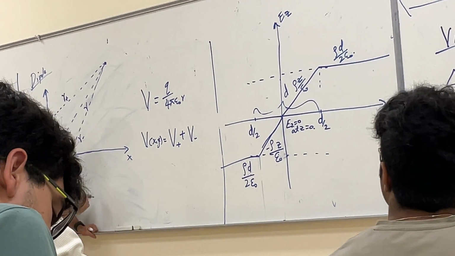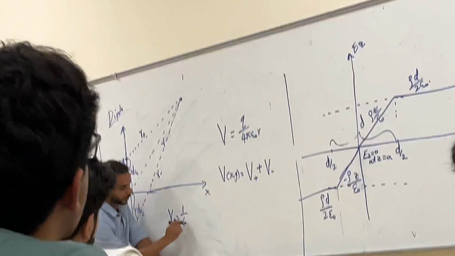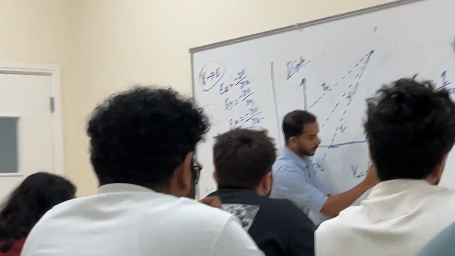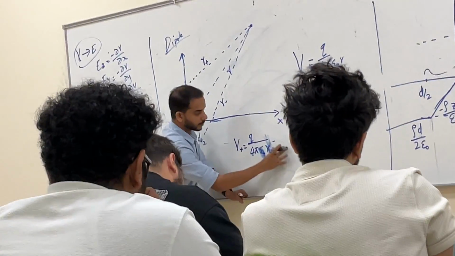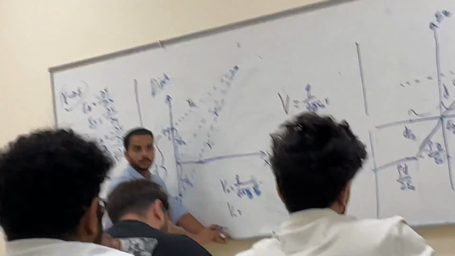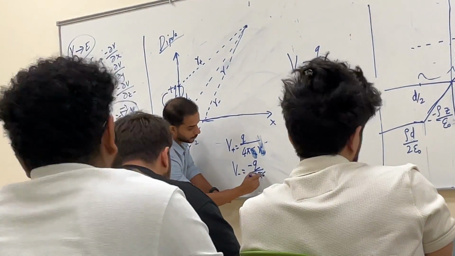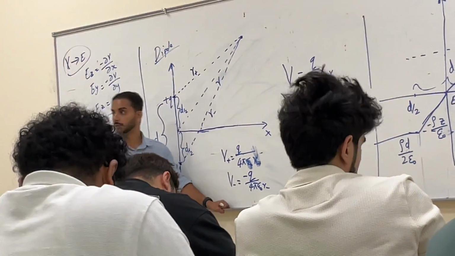What is the potential of the positive charge? 1 by 4 pi epsilon 0 Q by R plus. And what is V minus? It's a negative charge, so minus Q over 4 pi epsilon 0 R minus.